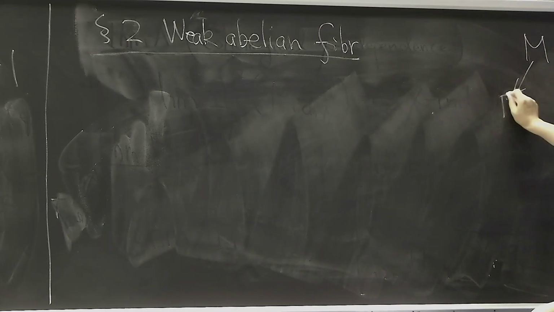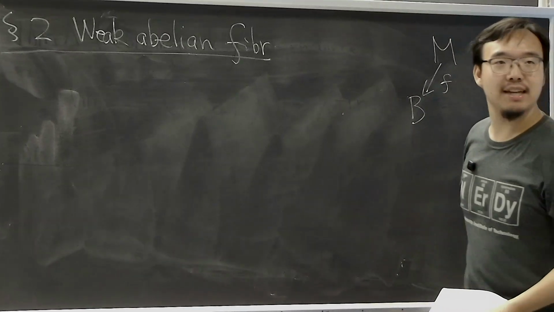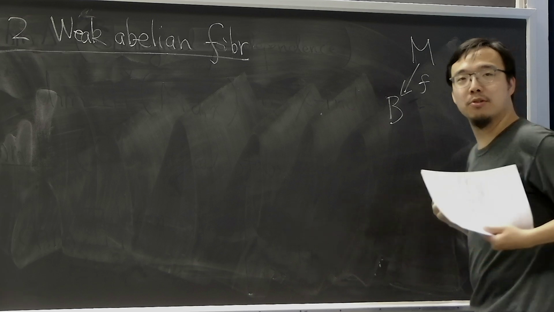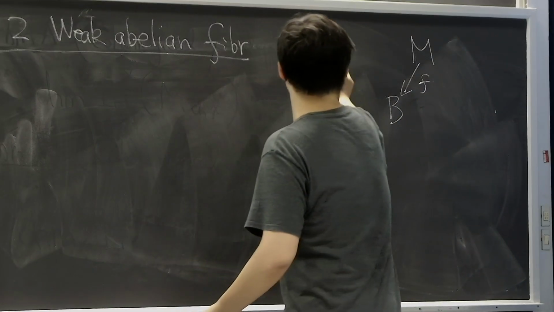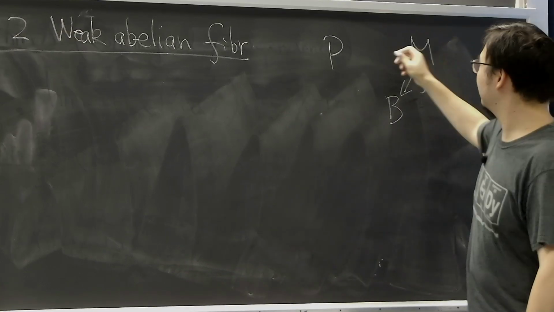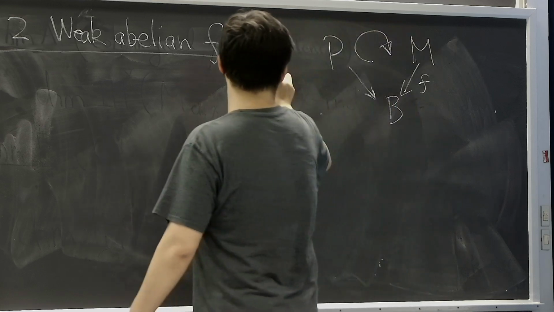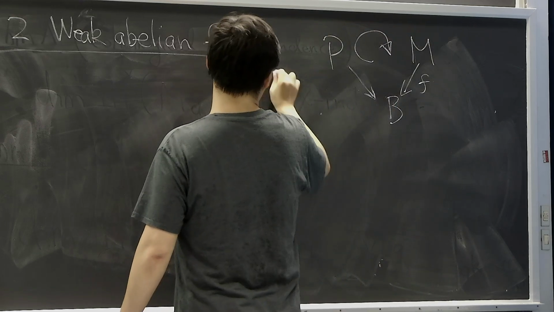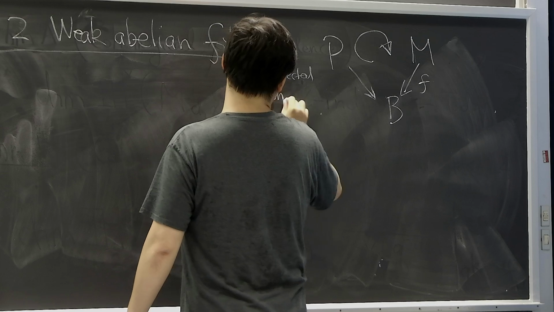You have a morphism F, but there's an extra piece of data which will help you prove the Goresky-MacPherson inequality, which is a fiber-wise symmetry by some commutative group scheme. So you want to find some P, a connected commutative group scheme.